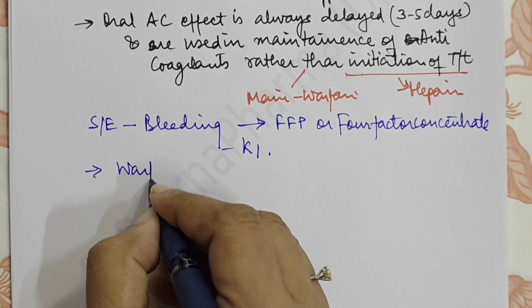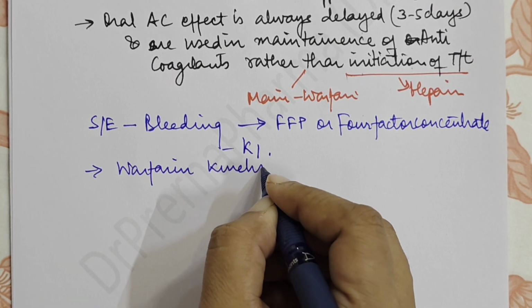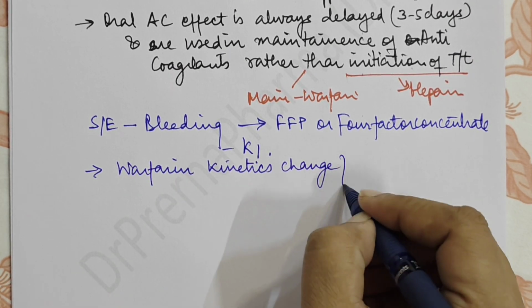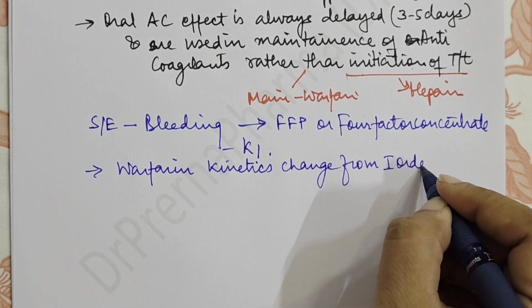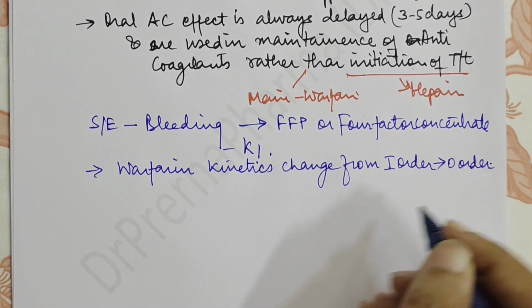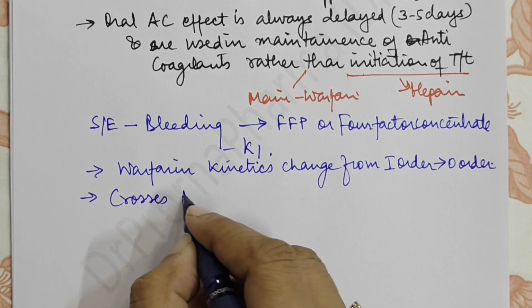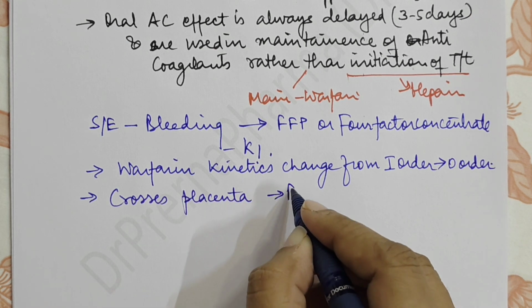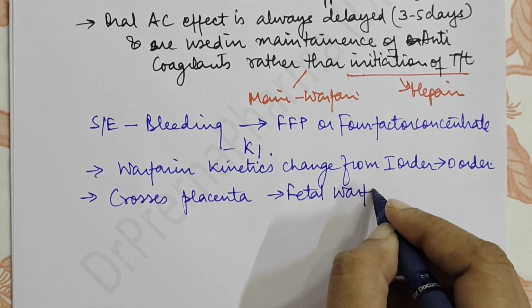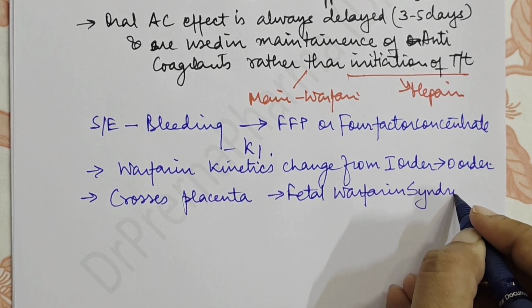Another important thing about warfarin is that warfarin kinetics change from first order to zero order. Then warfarin crosses placenta and causes fetal warfarin syndrome, so it is contraindicated in pregnancy.